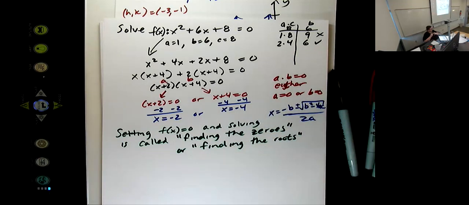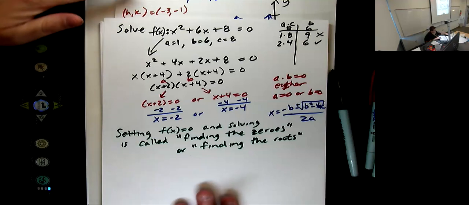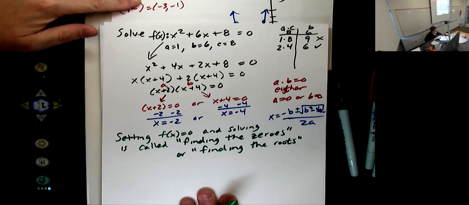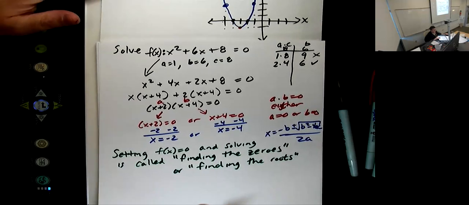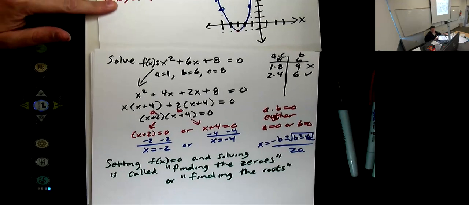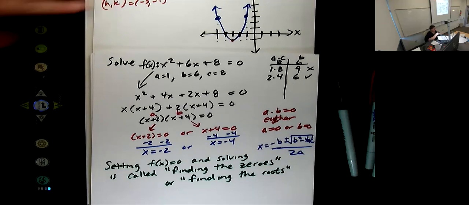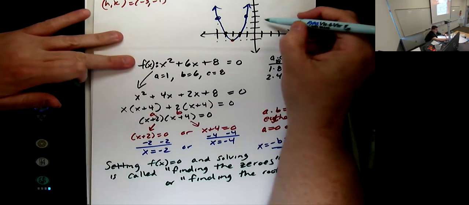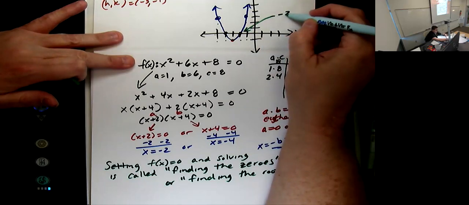Now, I don't know where the root terminology comes from. But I know where finding the zeros comes from. If we look at our graph, that point there is (-2, 0).